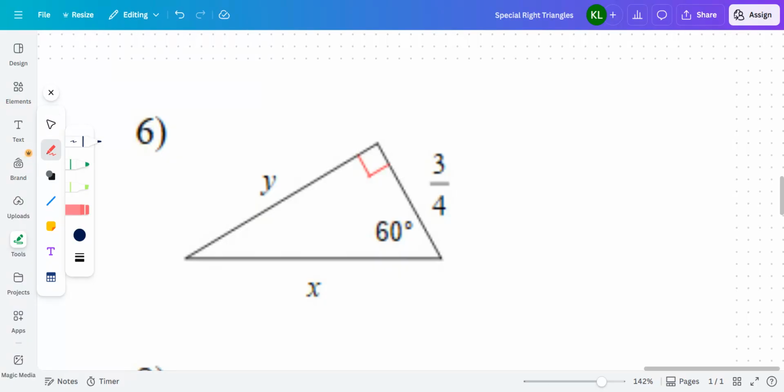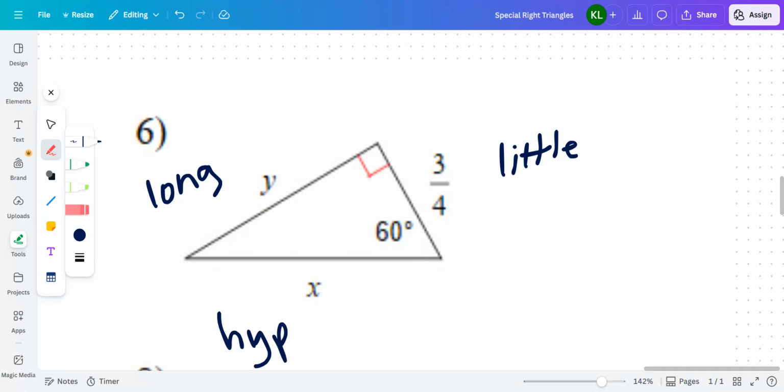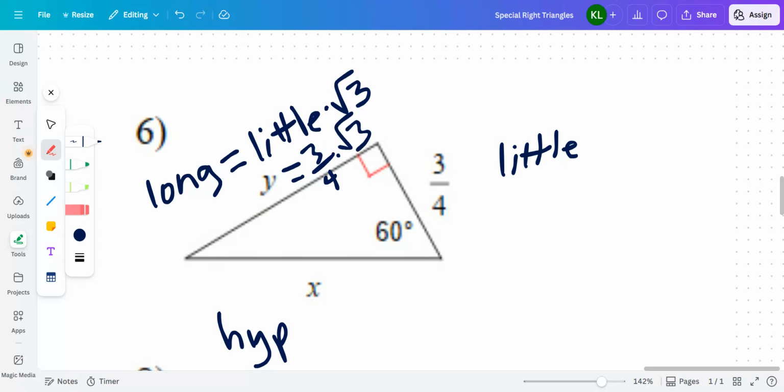Anyhow, here I've got my little leg. Here's my long leg. Here's my hypotenuse. I know that my long leg is equal to my little leg times the square root of 3. Well, here my little leg is 3/4. So my long leg y is 3/4 times the square root of 3. And I'm done.